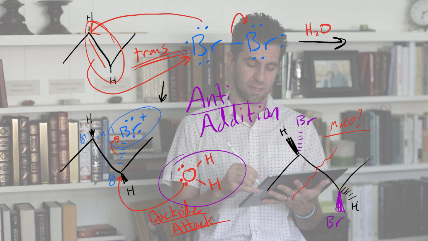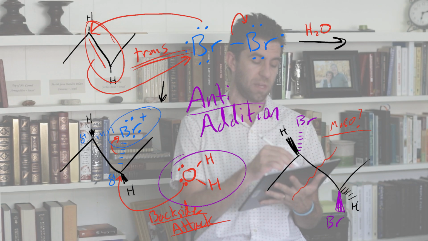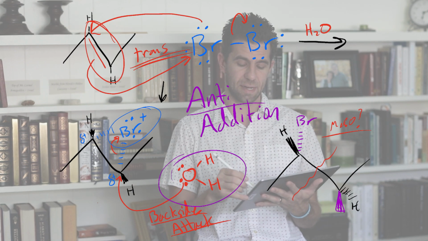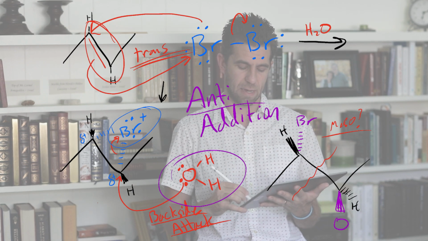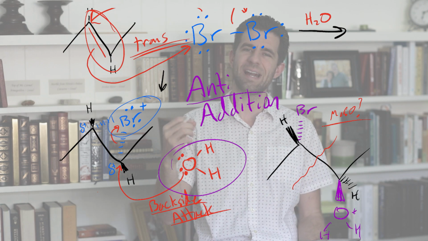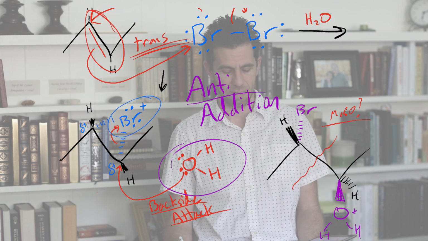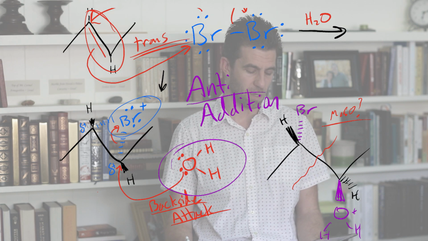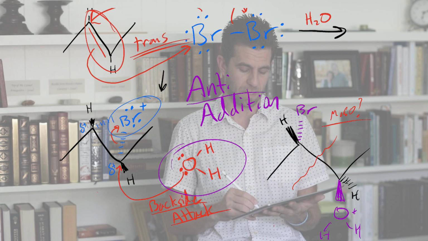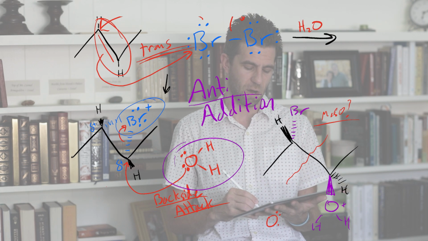However, the difference is that on one of these, we'd have a bromine from our first brominium ion. On the second one, we would have a protonated alcohol that we would add. Now, of course, this protonated alcohol wouldn't last for long because we have a lot of water floating around, and water is going to be our base.